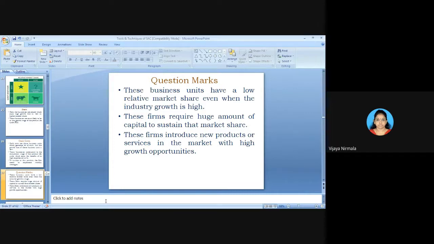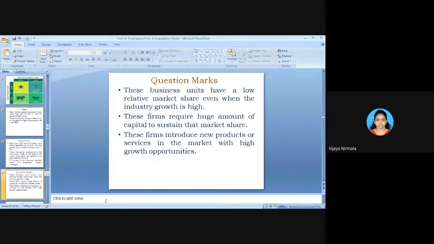If you come to the concept of the experience curve, the firms which gain early profits can achieve cost advantages as well as market leadership.